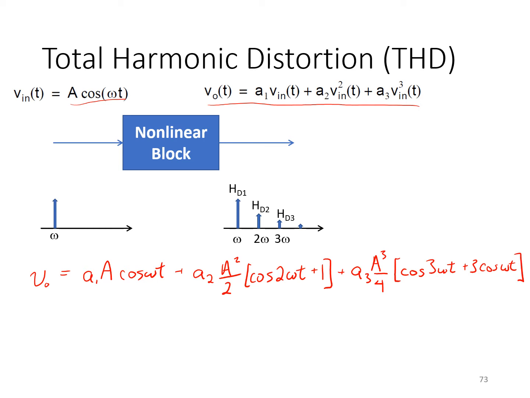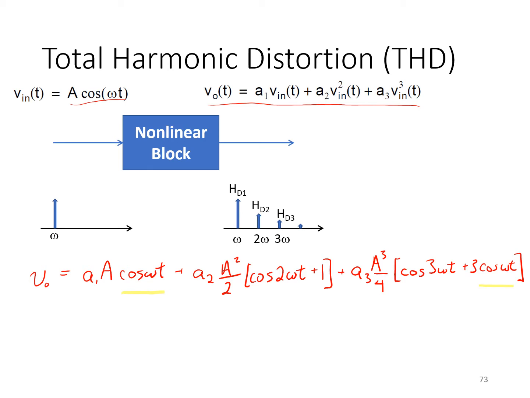Although there's another fundamental term showing up here, it's going to be a lot smaller than the main fundamental term over here, as long as the input amplitude's not too large, because A1 is a lot bigger than A3.